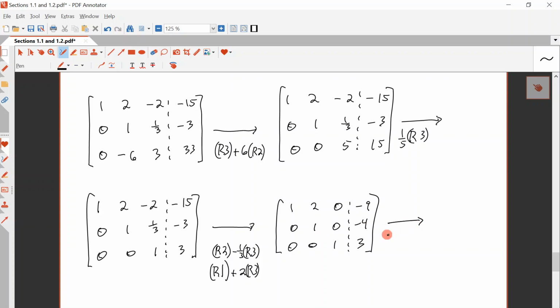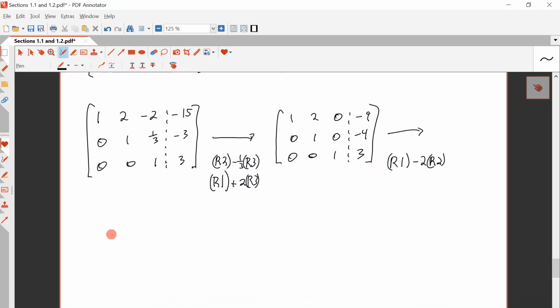And then for the last one, I'm going to do row 1 minus twice row 2 to get a 0 there. So I've got 1 minus twice 0, that's still just 1. 2 minus twice 1, that's 0.